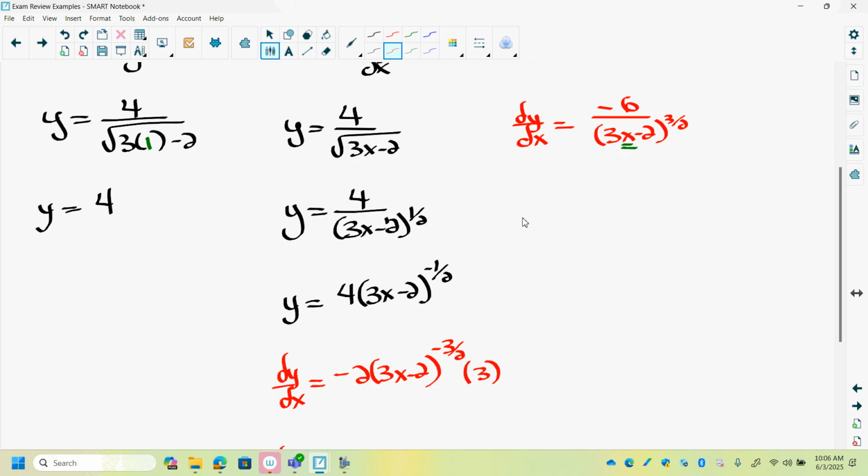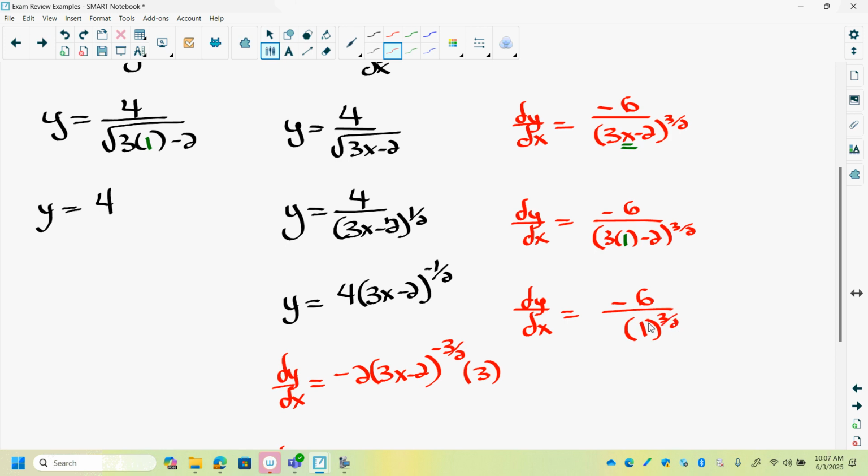So this would become dy over dx equals negative 6 over 3 times 1 minus 2 to the 3 over 2. What's 3 times 1? 3 minus 2. 1. So dy over dx is going to equal negative 6 over 1 to the power of 3 over 2.